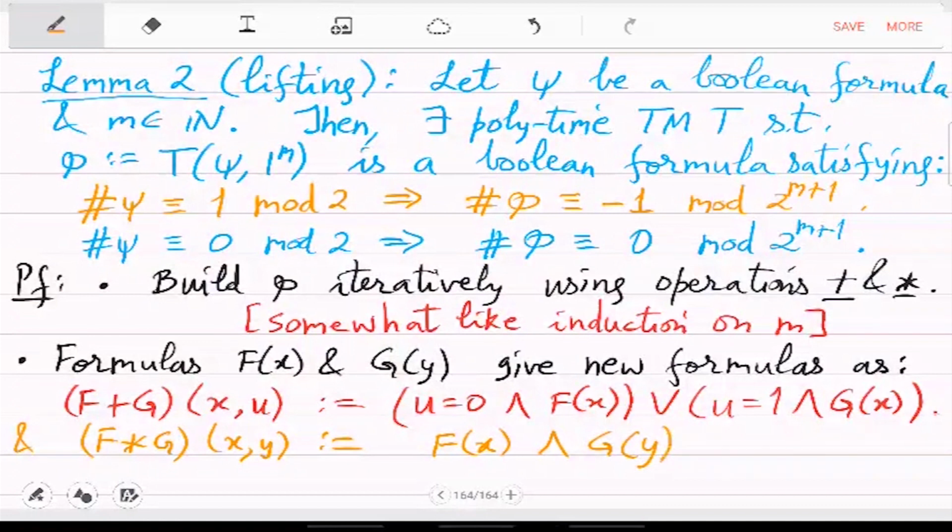So for every satisfying assignment of x, you can pick one satisfying assignment y, respectively that of f and g, and you can see that the number of satisfying assignments of f star g is the product.